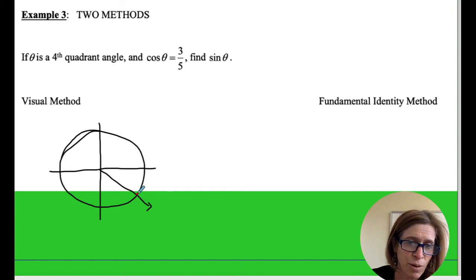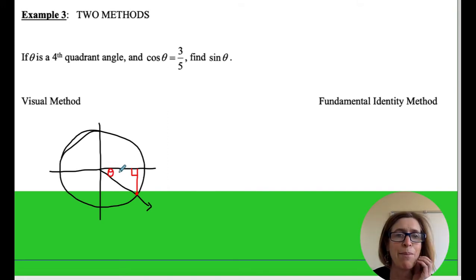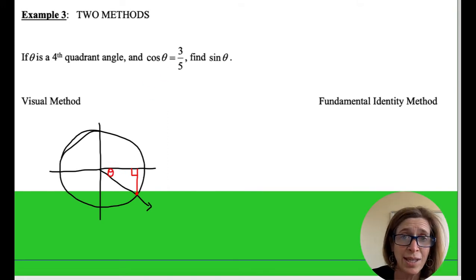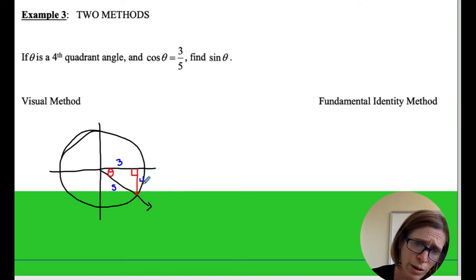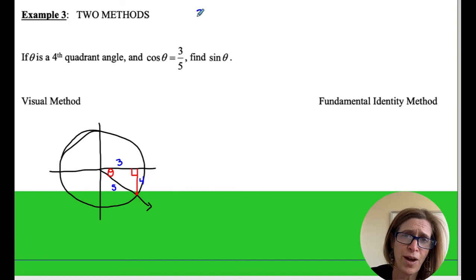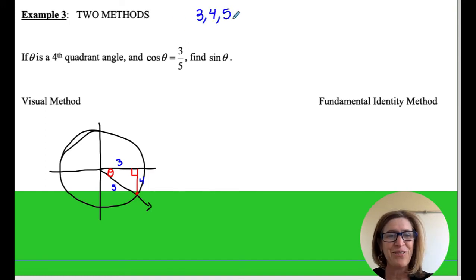So if I'm going to draw my triangle, remember we always draw our triangles so they create a bow tie. Theta is always inside of that bow tie. So I know cosine theta is 3/5, and cosine is adjacent over hypotenuse. So I have to find the third side of the triangle, which would be 4. It's a 3, 4, 5 Pythagorean triple, but you could use the Pythagorean theorem to find that.